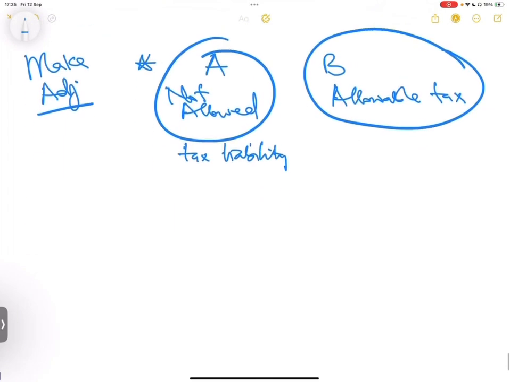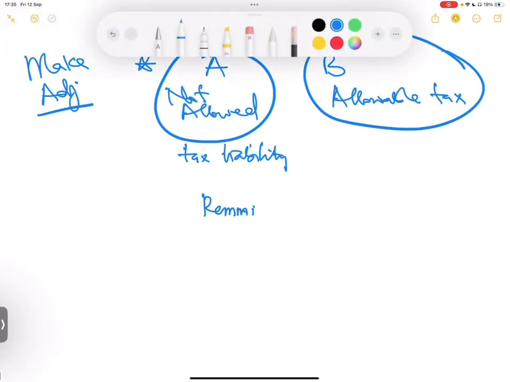Another thing is the one that Ismail actually asked, which is on remittance, which I've already explained, where I said that if there's a remittance restriction, or what you call repatriation, saying that the foreign subsidiary is prohibited from sending money to its parent.